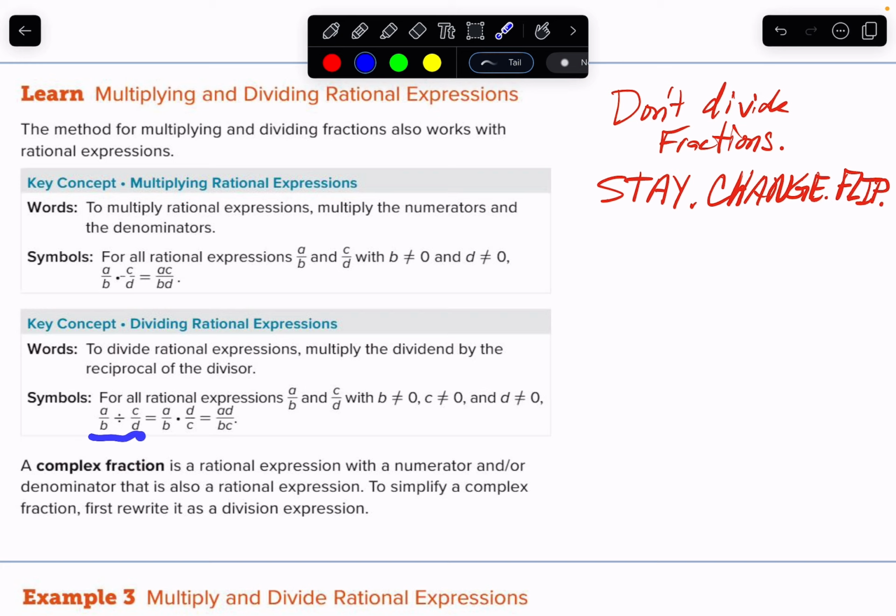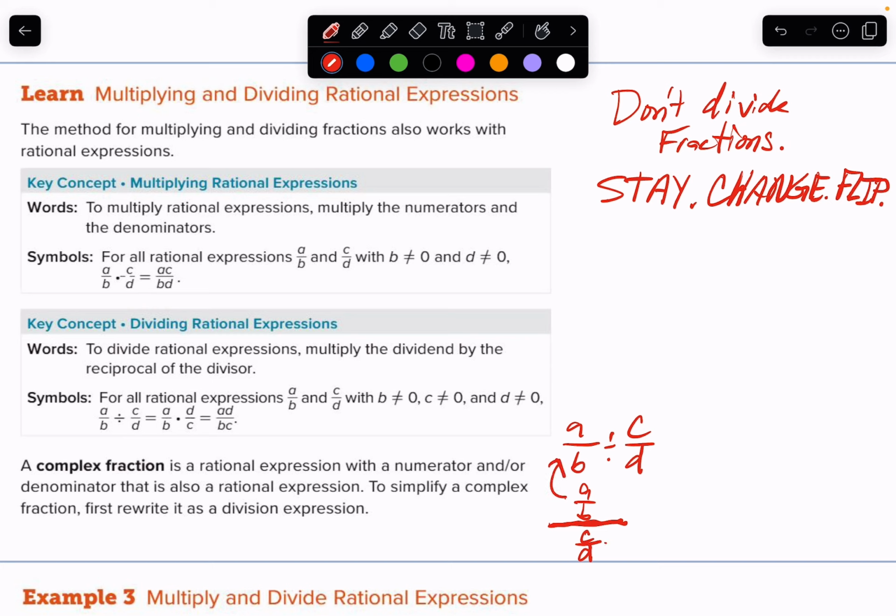It was A over B divided by C over D. And then they changed it. Stayed A over B, changed to multiply, and then flipped C over D. And then top times top, bottom times bottom. Okay, a complex fraction would look something like this. So A over B divided by C over D is the same as A over B divided by C over D. That just separates it.